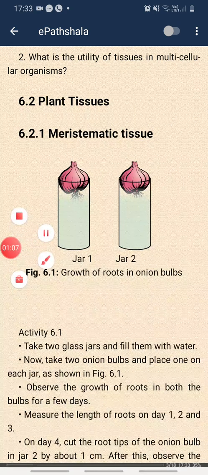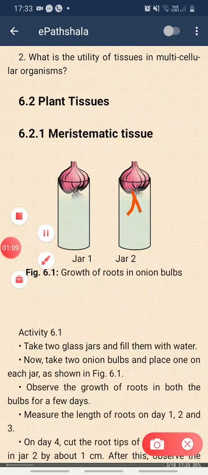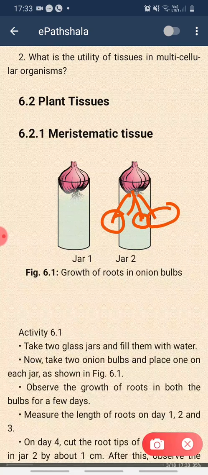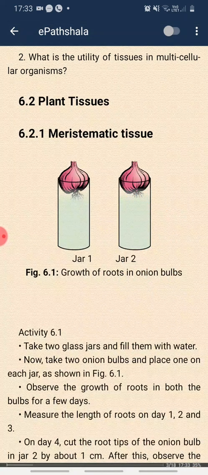Let's say this root is growing. From the tip portion you have to cut about 1 centimeter, just remove it, and then let it go back into the same jar. Let it be there for 3-4 more days and keep observing how the growth is taking place.